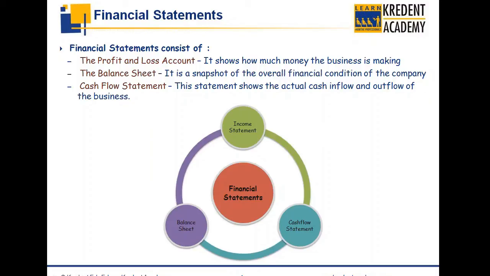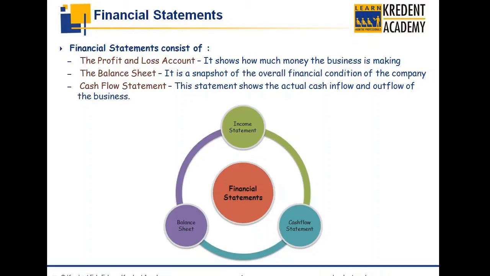That's why it always says profit and loss account for the year ended, say, 31st March 2014. So it tells us how much profit, loss, revenues and expenses I have incurred during a particular period, which is a year spanning from 1st April 2013 to 31st March 2014.